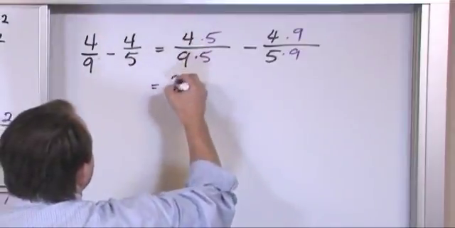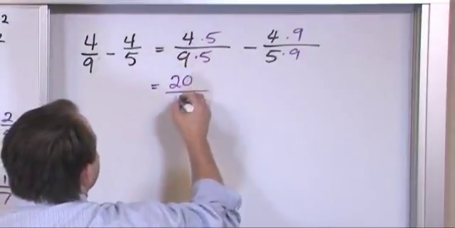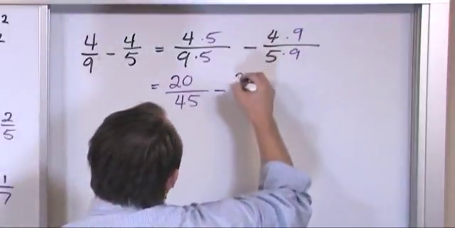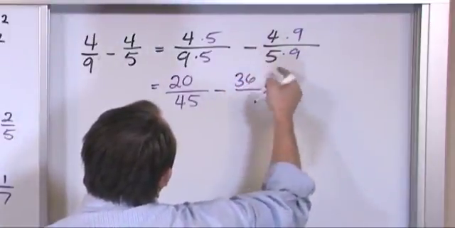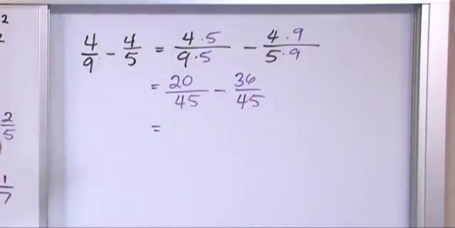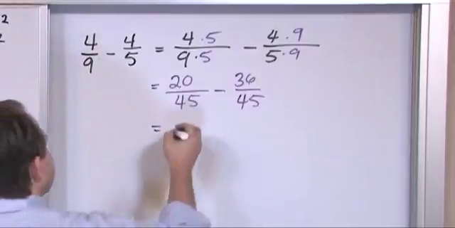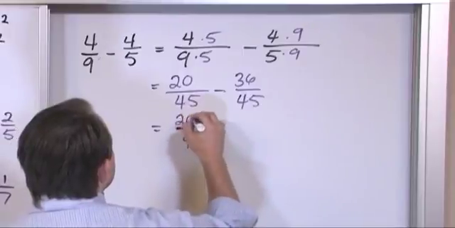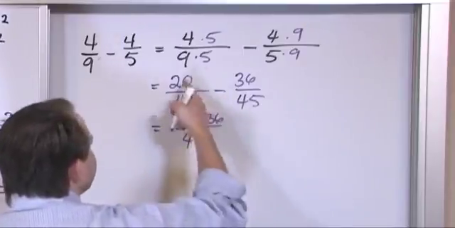So 4 times 5 is 20. 9 times 5 is 45. Minus 9 times 4 is 36 over 5 times 9 is 45. So what I have is 20/45 minus 36/45. So what I'm going to have is the common denominator of 45 and 20 minus 36 in the numerator, just subtracting those.